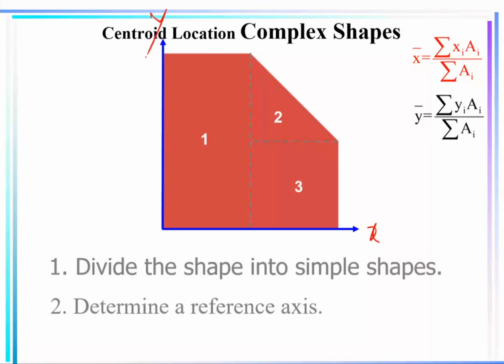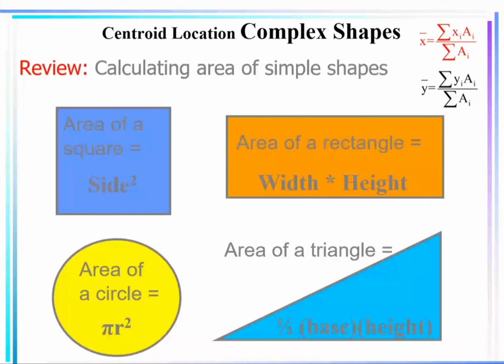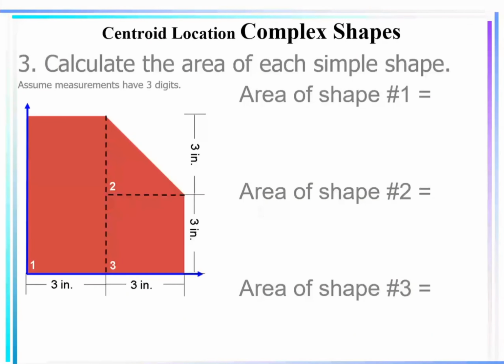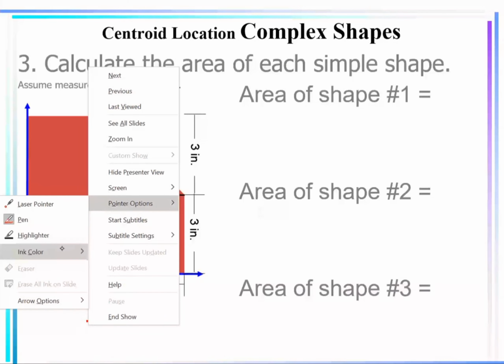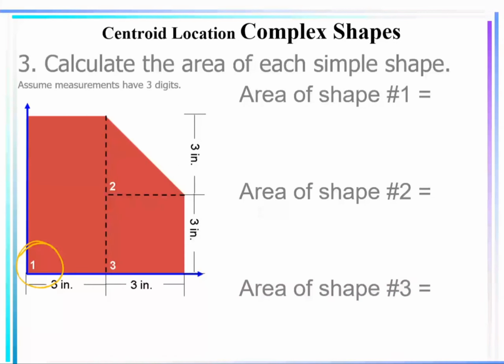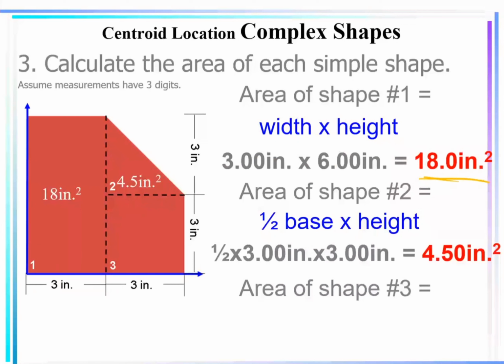And then, knowing the formula for the center of each shape, you go for shape 1. That's shape 1. That's the area for shape 1, that's the area for the triangle, and that's the area for the square.